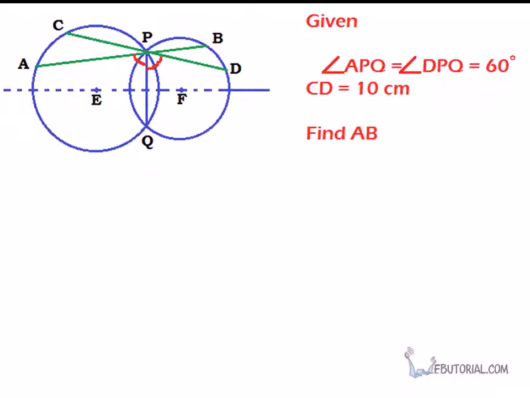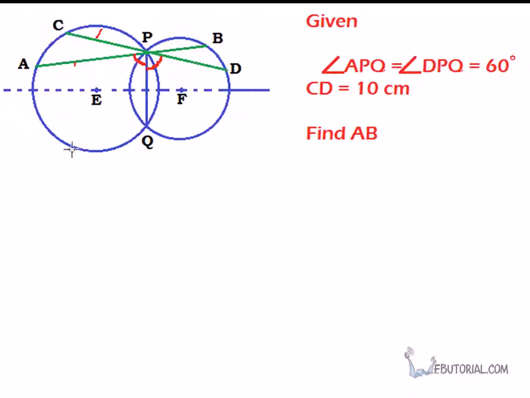In this question, we will try to find the length of AB when the length of CD is known. It is also given that in these 2 intersecting circles, the lines AB and CD make the same angles with PQ. So in this question, we'll try to find the value of AB.